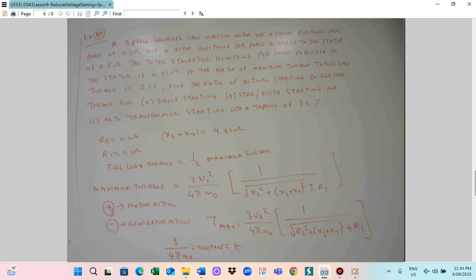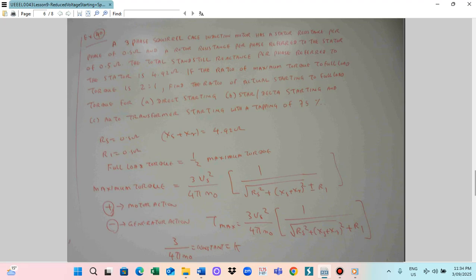This is a common equation for both generator and motor. The maximum torque is equal to 3Vs squared, where Vs is the supply phase voltage, divided by 4 pi ns, where ns means the synchronous speed, multiplied by 1 divided by the square root of Rs squared plus (Xs plus X2') squared, plus or minus Rs.